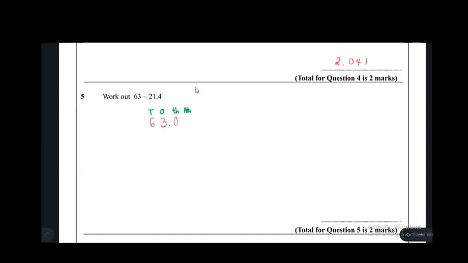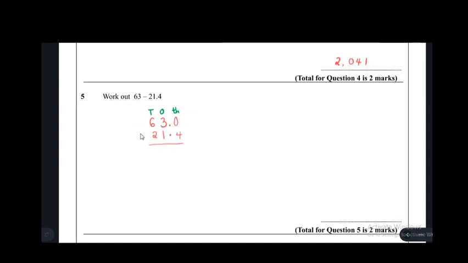In this case, we only have tenths, so I'm just going to use the tenths. Then this other one will be 21.4.